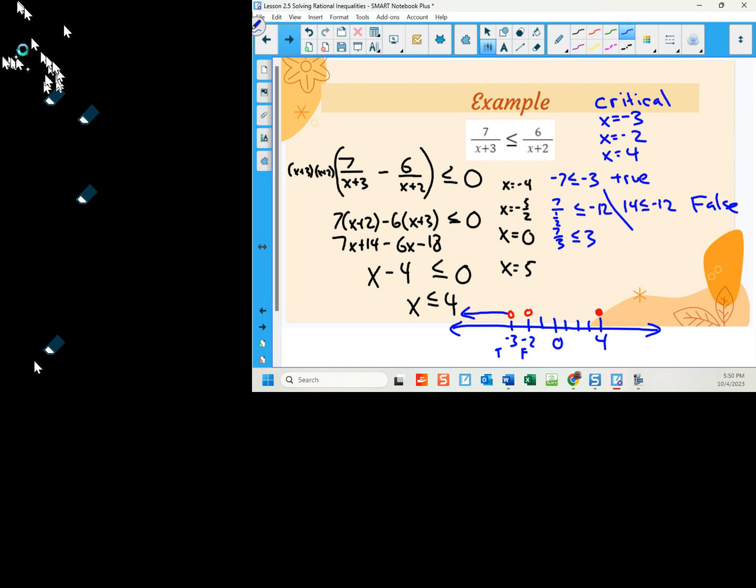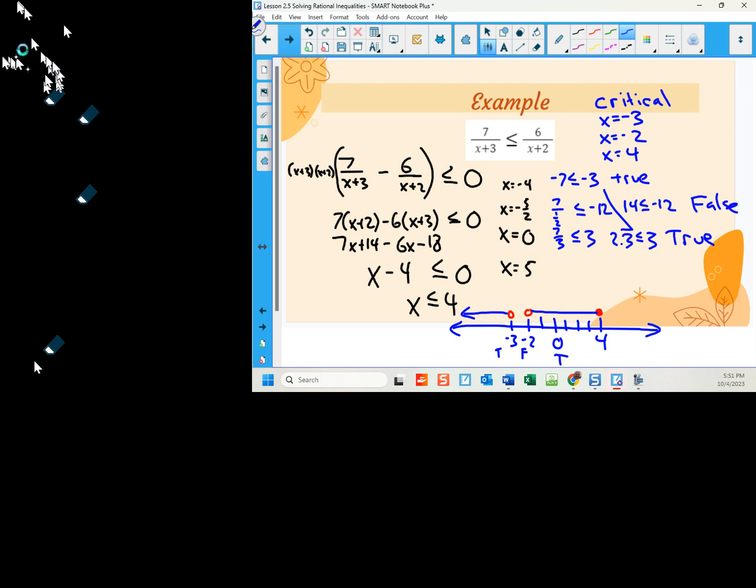Well, 7/3 is really 2 1/3, 2.3 repeating, and that is less than 3. That's true. If that's true, 0 is true. Now we need to shade in between negative 2 and 4.